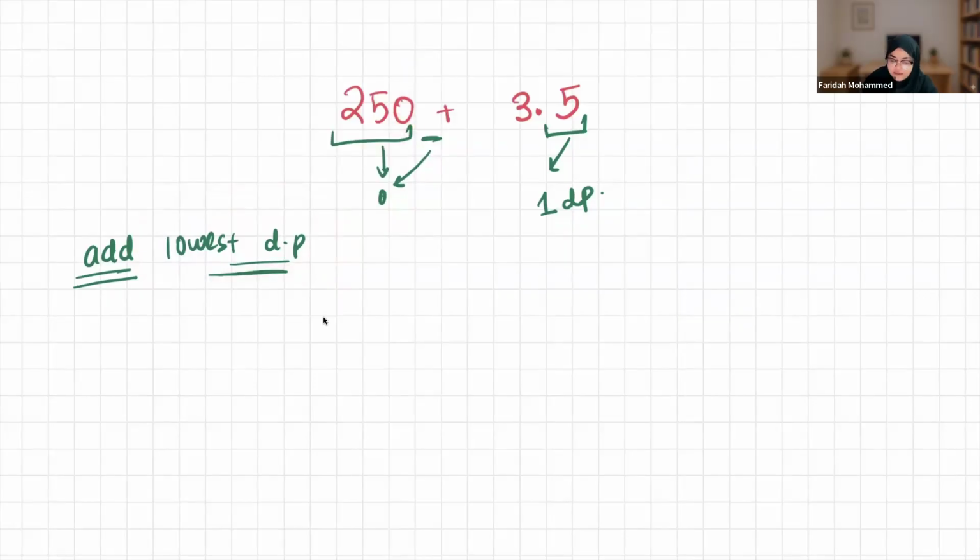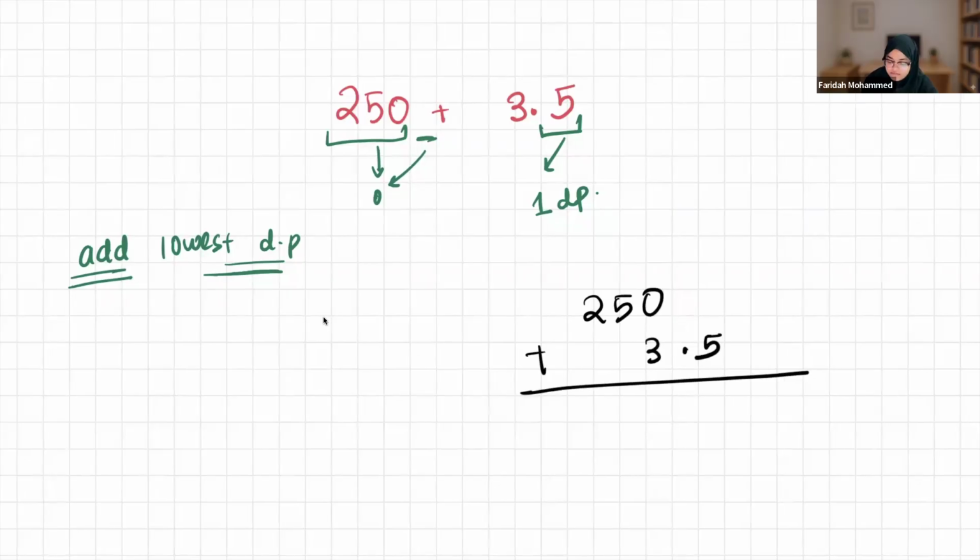So when you add them, 250 plus 3.5, this one also needs to be not significant.